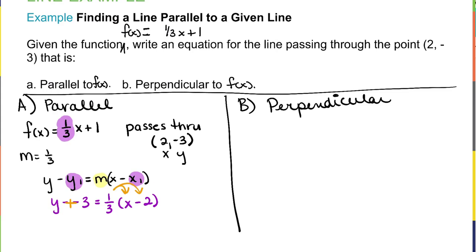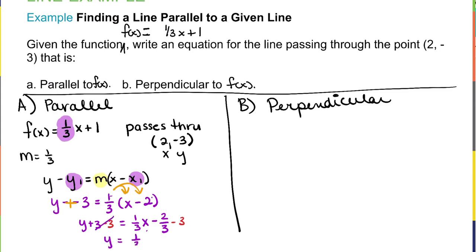So I end up with y plus 3 on the left equals 1/3 x minus 2/3 on the right, because 1/3 times x is 1/3 x, 1/3 times negative 2 is negative 2/3, and then I want y by itself, so I'm going to subtract 3. What I do to one side, I do to the other. So on the left hand side, I'm left with y because the 3's cancel.